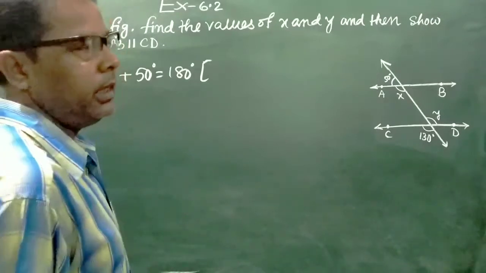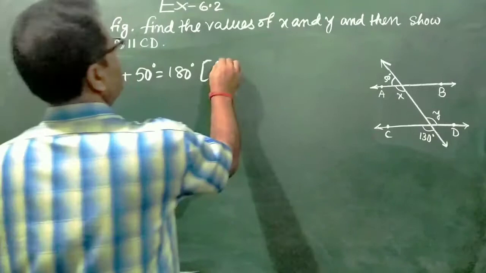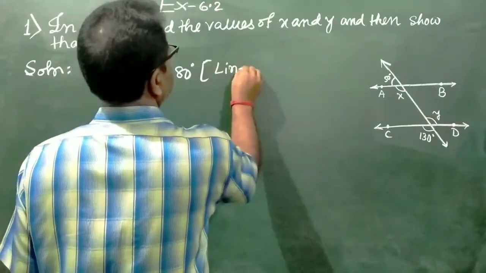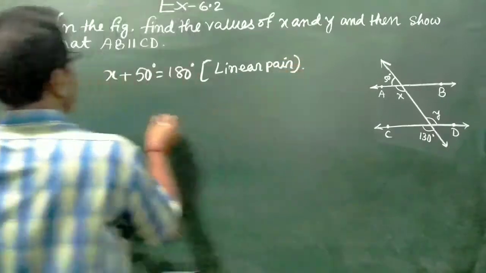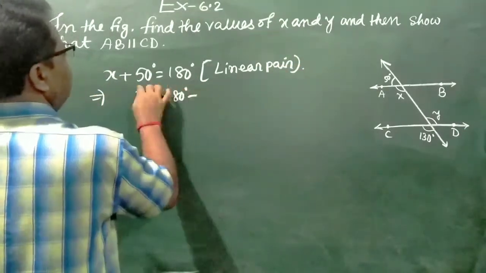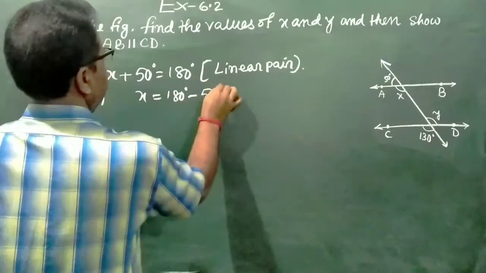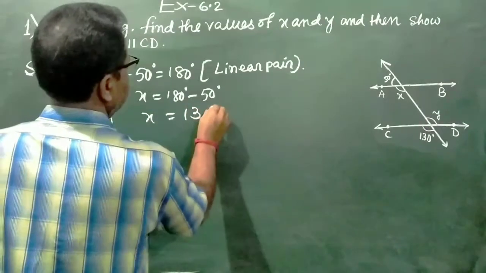These two adjacent angles, if we add and get 180 degrees, are called a linear pair. Therefore the value for x is 180 degrees, with the 50 transferred to the right side getting minus. Therefore x is 130 degrees.